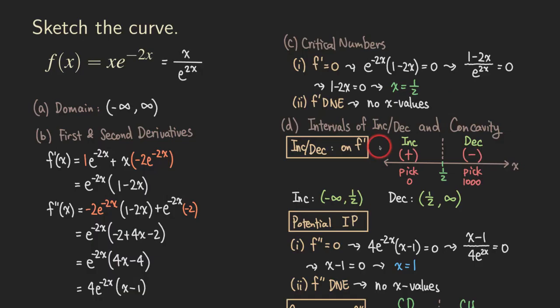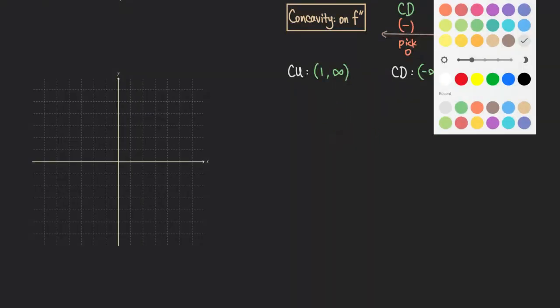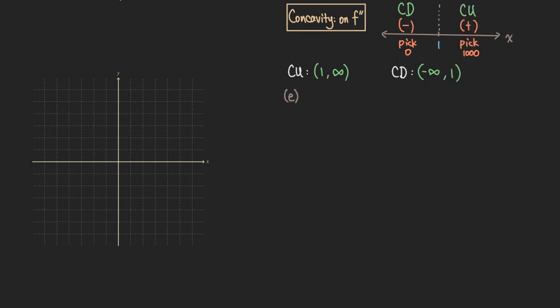This is part D, so we've got to do part E. So now part E: local max, min, and also the inflection point.